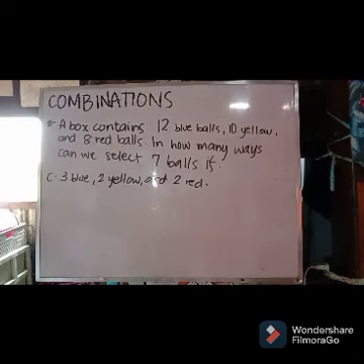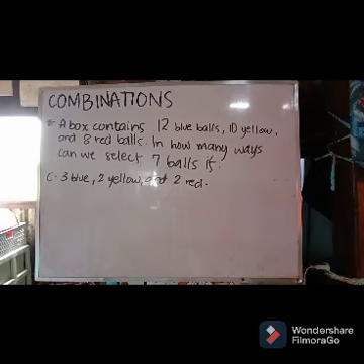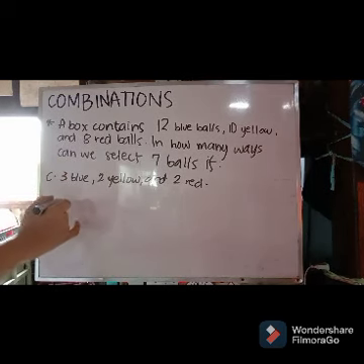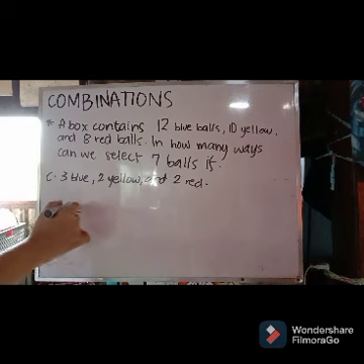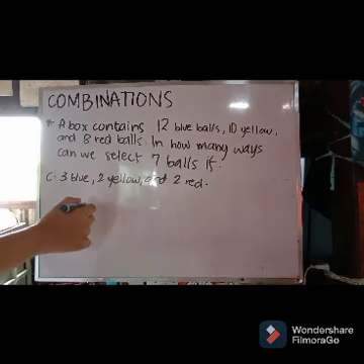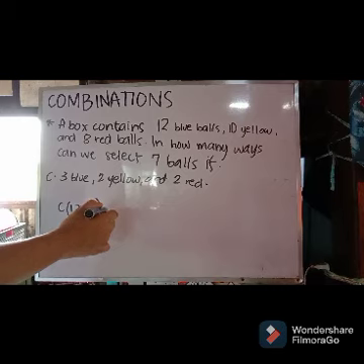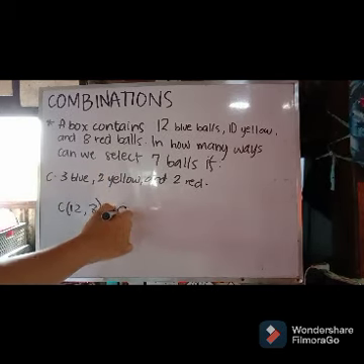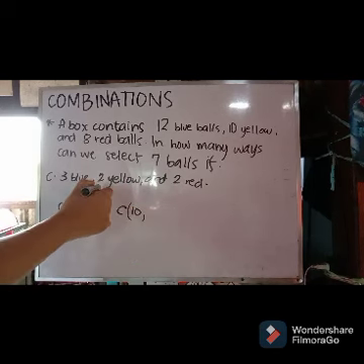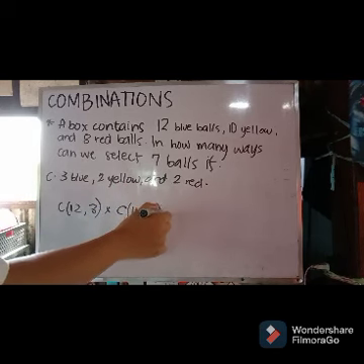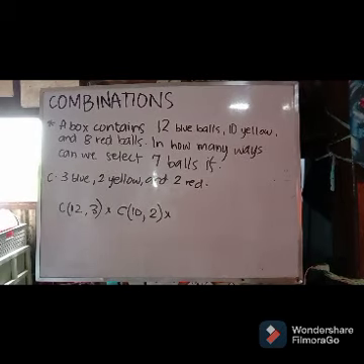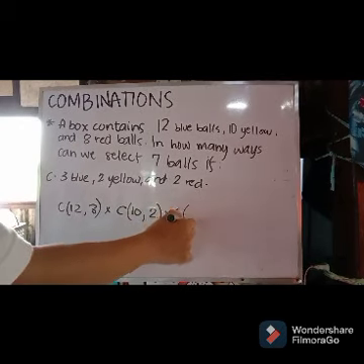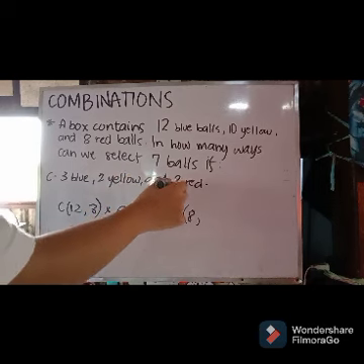For the third condition, it says that there must be 3 blue balls, 2 yellow, and 2 red. So we take the combination of 12 blue balls and select 3 from the 12, and multiply it by the 10 yellow, combination of 10 taken 2, and lastly for the red, 8 reds, combination of 8 taken 2.